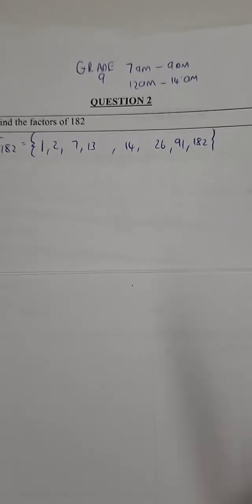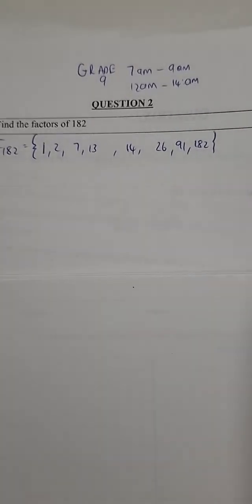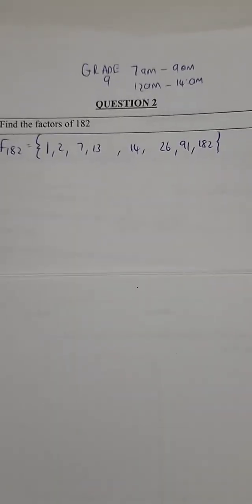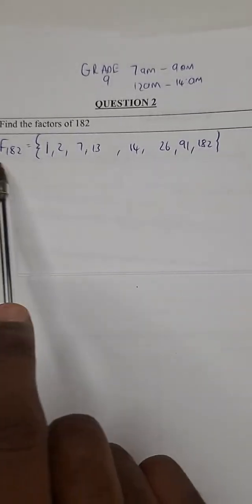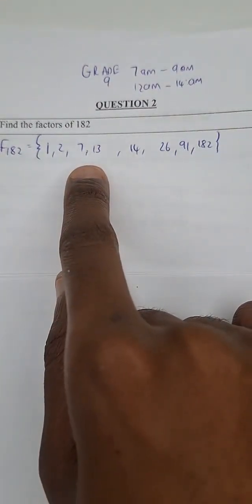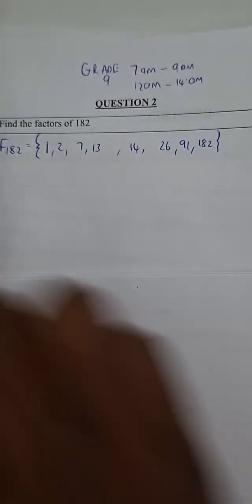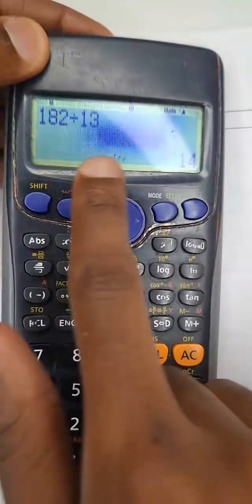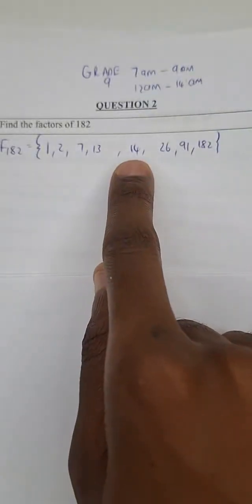One by one. We can even make use of our calculator so that we can account for all of them. Remember, you get full marks when all the factors have been accounted for. You see why, after checking 13, I found that when I divided 182 by 13, I get the number 14.